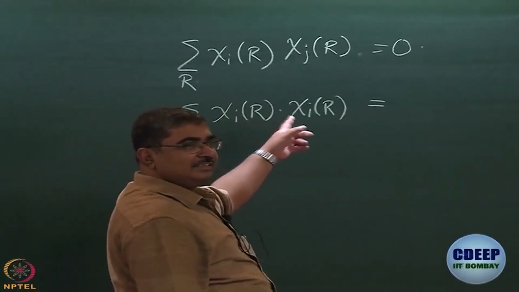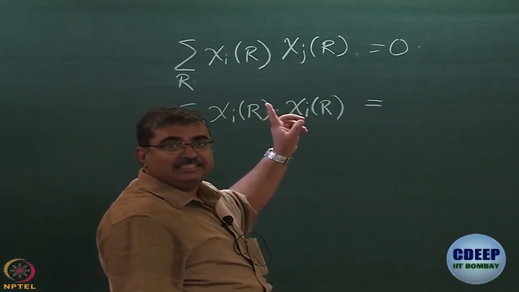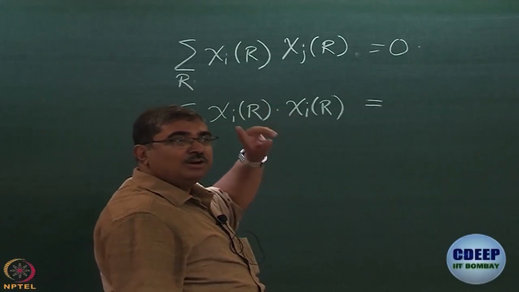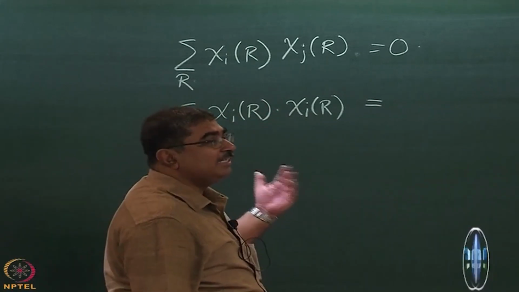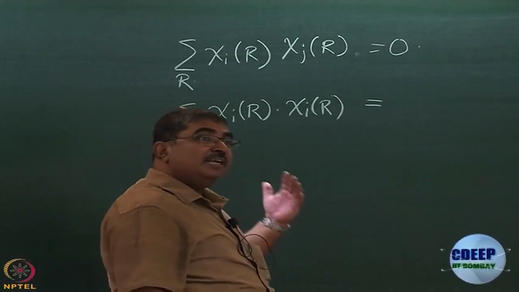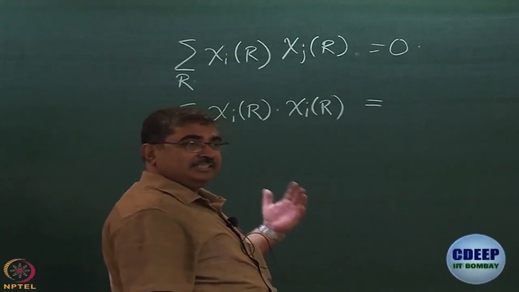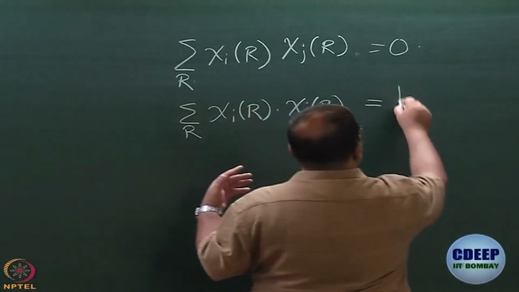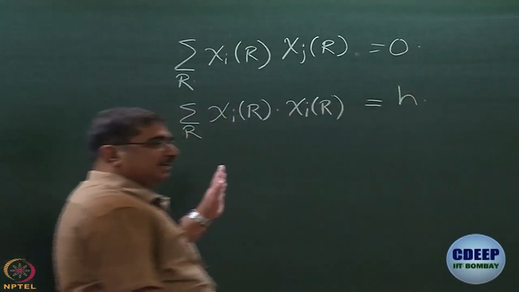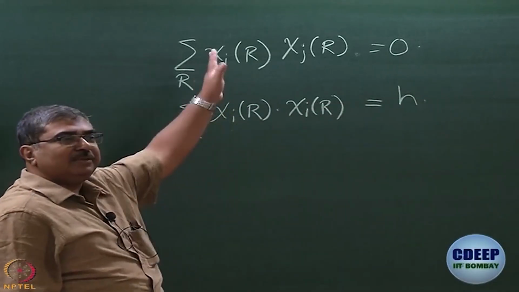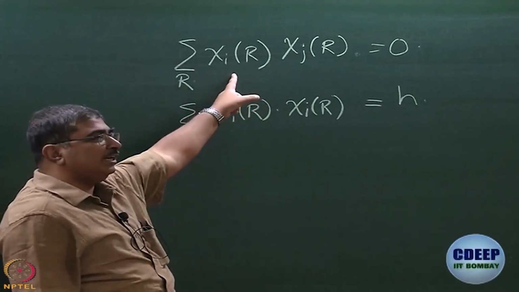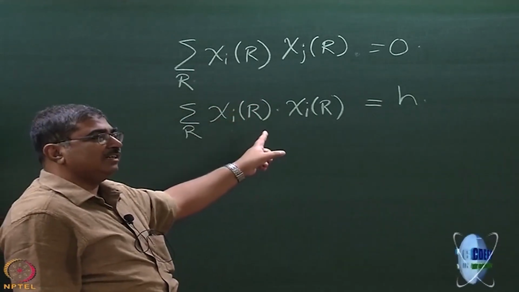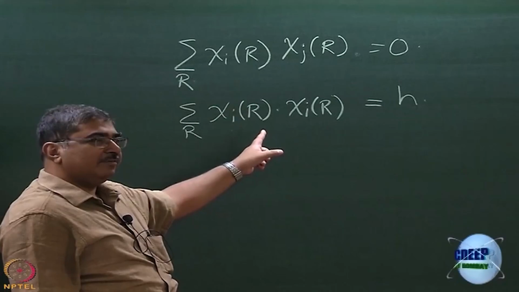What is this? h. What is h? The order of the group, which is the total number of symmetry operations, not elements, operations. We know this, and this is why we say that they behave like a set of orthonormal vectors. This is the condition of orthogonality, this is the normalization condition.